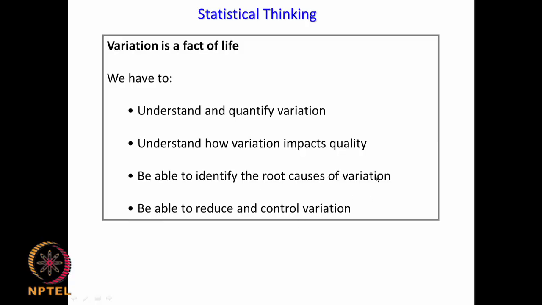Be able to identify the root cause of variation. What causes this variation? I come sometimes very late, sometimes very early. What is the reason for me coming very late or coming very early? Is it the bus? Is it the route I take which has a lot of traffic, and so on. We should be able to reduce and control the variation.